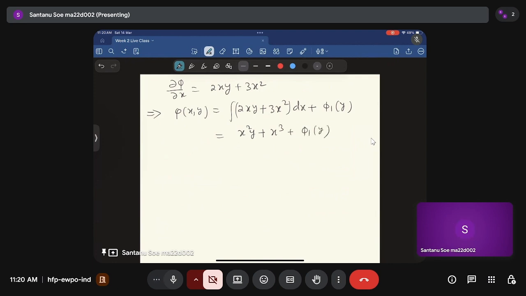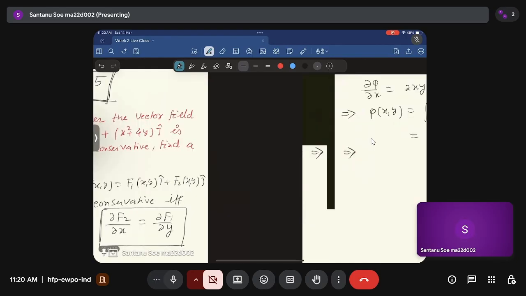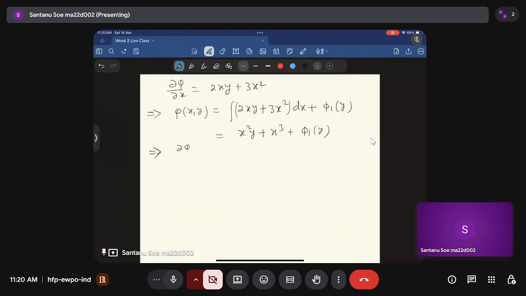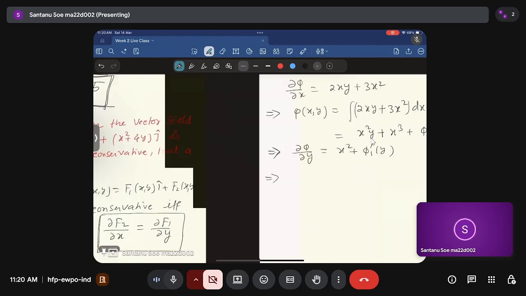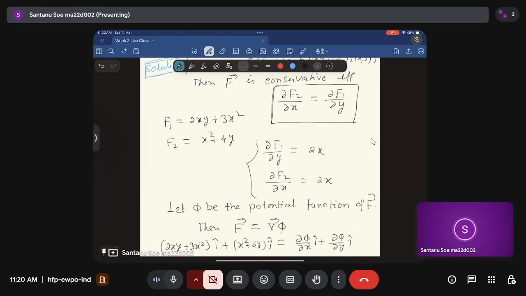Okay. Now again we can take the partial derivative with respect to y, because we have another piece of information, del phi by del y, which we can use from the previous equation. So here we have del phi by del y equals x square plus phi 1 prime of y, correct? Now what is del phi by del y?